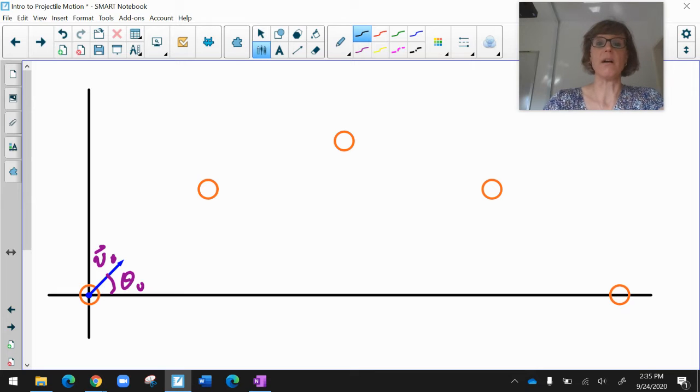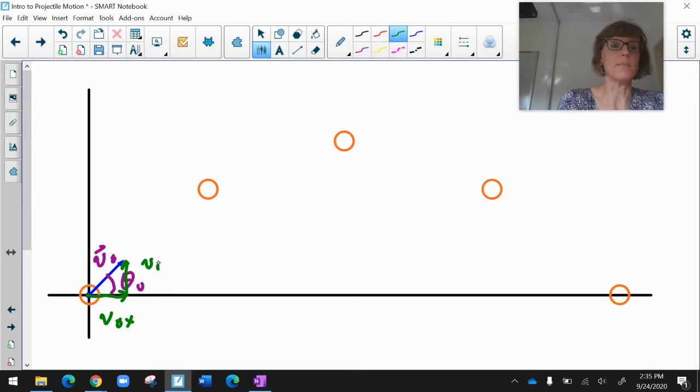And it makes this arc as it goes through the air. So these different orange circles are the same objects at different points of time. Okay? So of course, we can resolve v0 into an x component, v0x, and a y component, v0y.